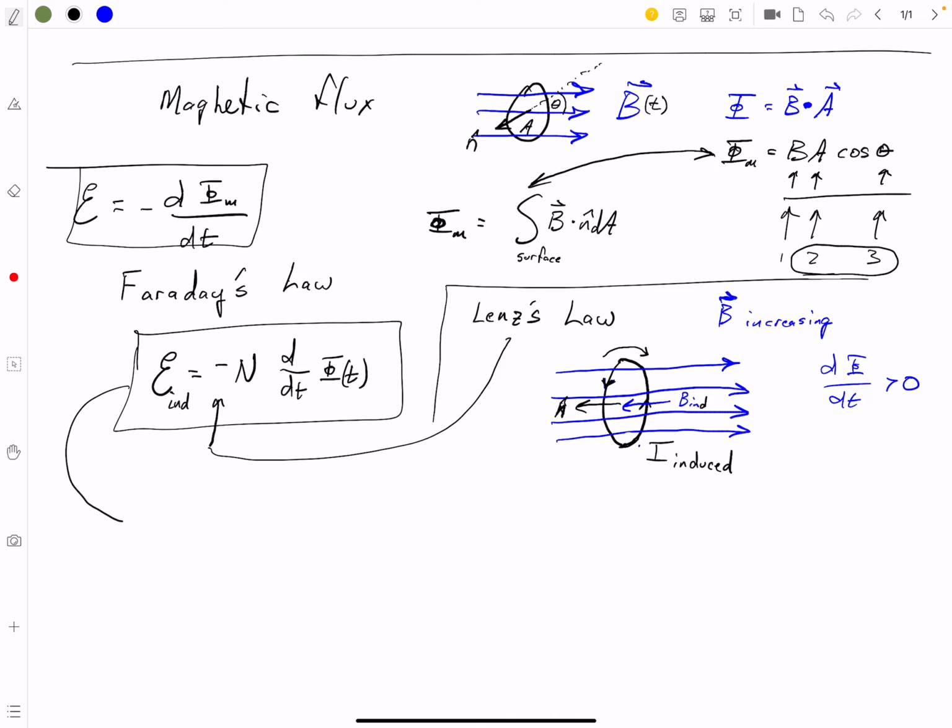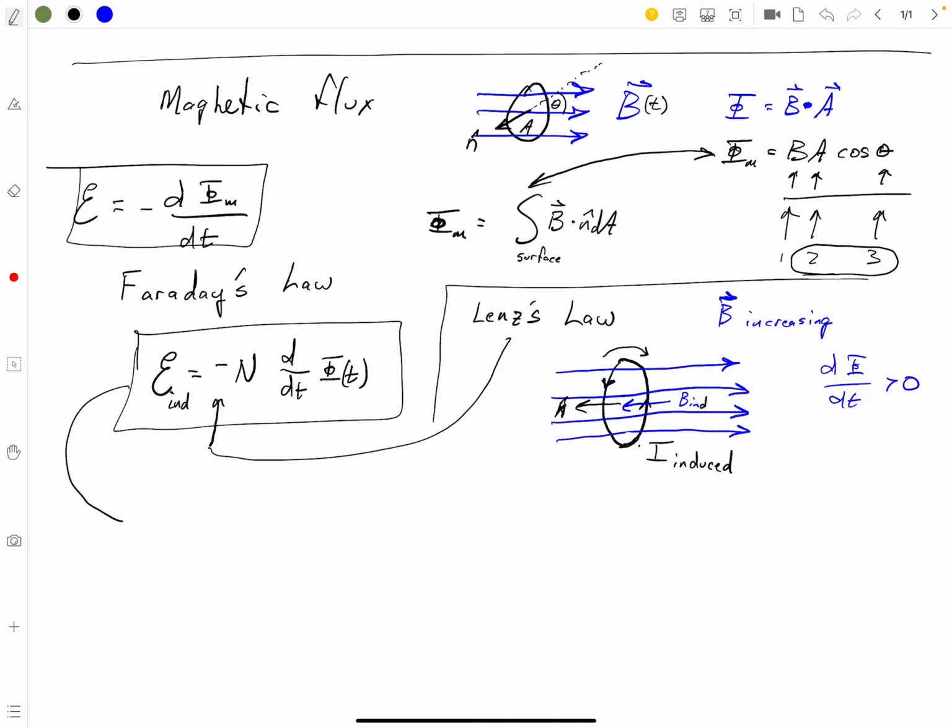Either the A is physically changing and getting larger, or it's rotating and something's happening with rotations in our theta. Okay, so those two could be happening. So our B stays constant and things happen. Okay, then we get induced current.